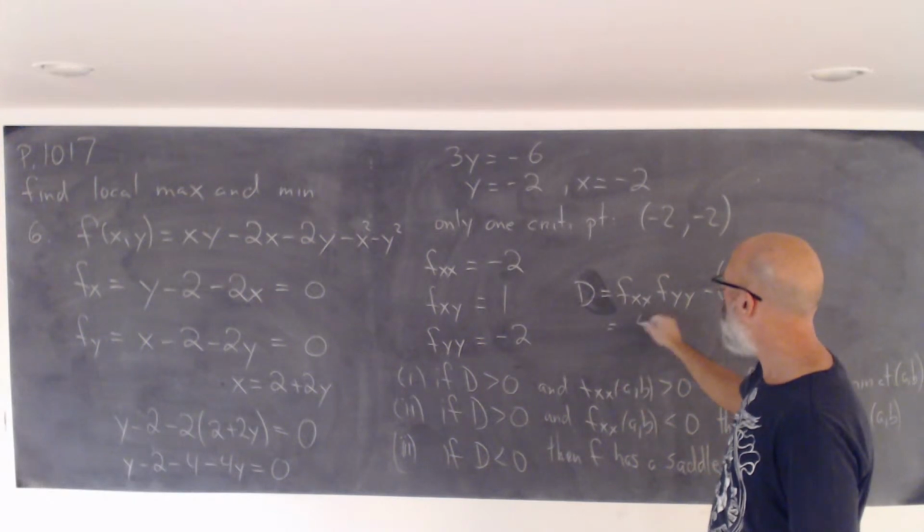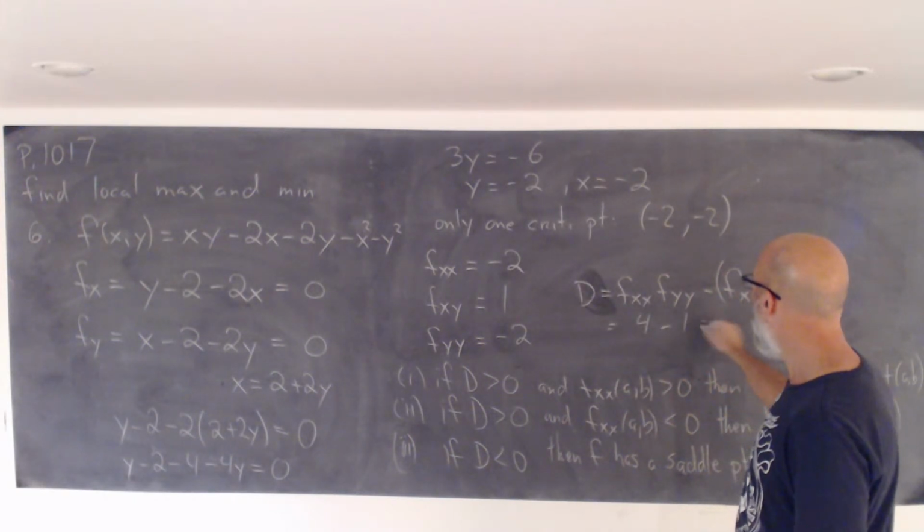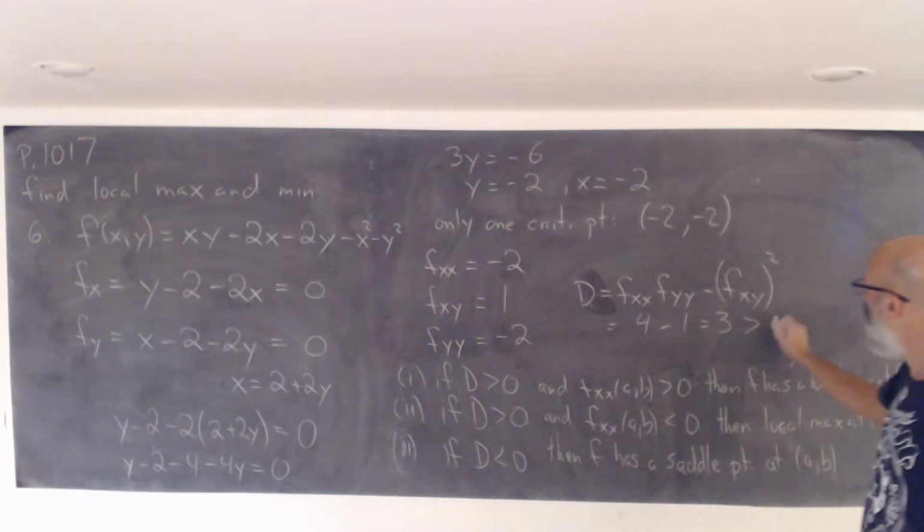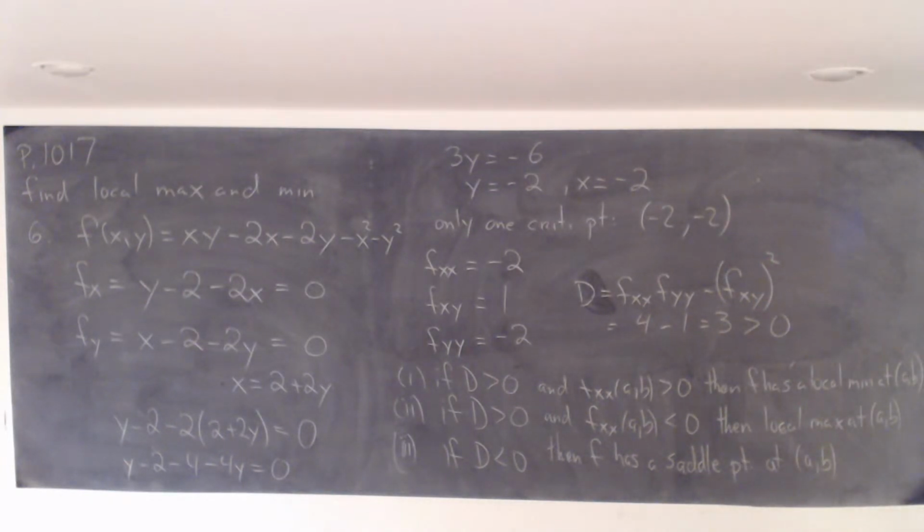So that is 4 minus 1, which is 3, which is bigger than 0.